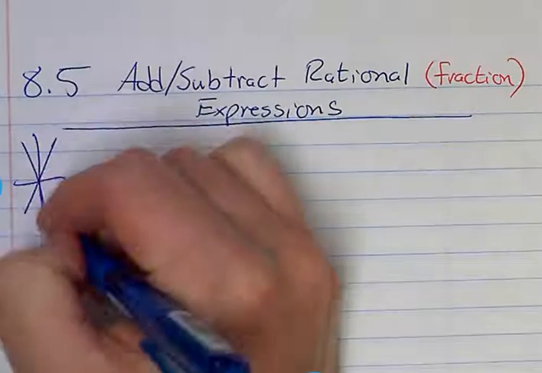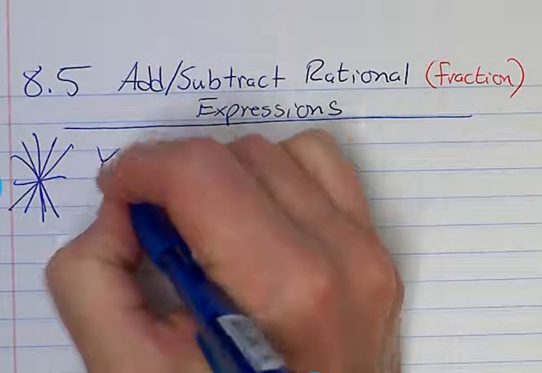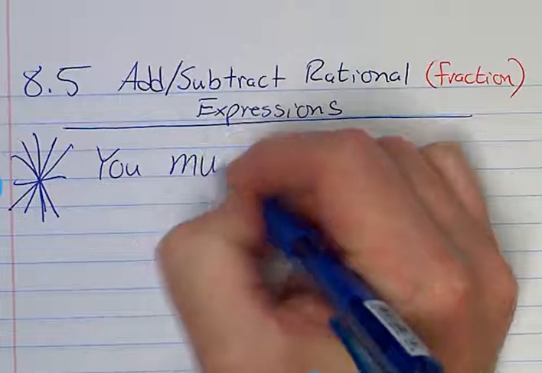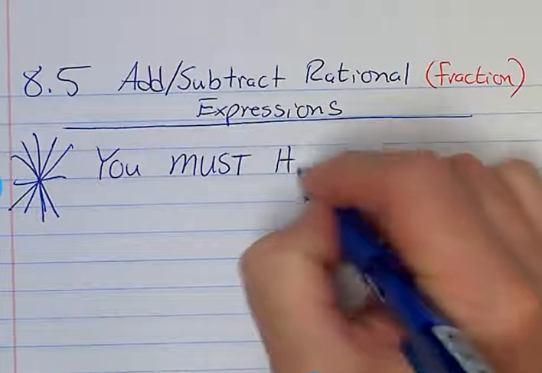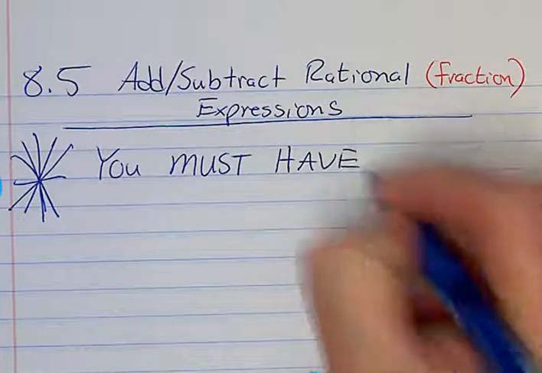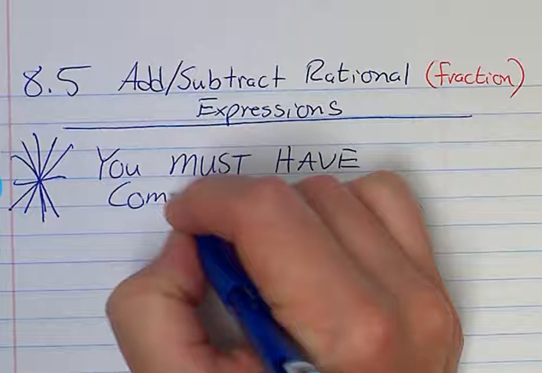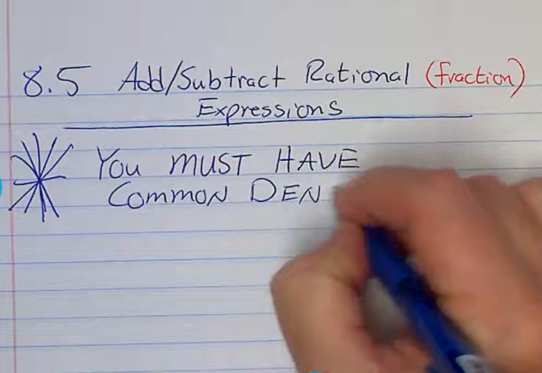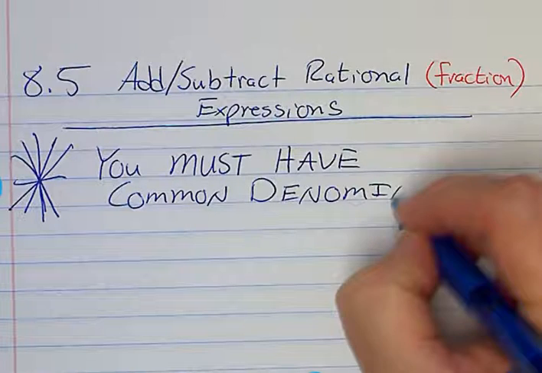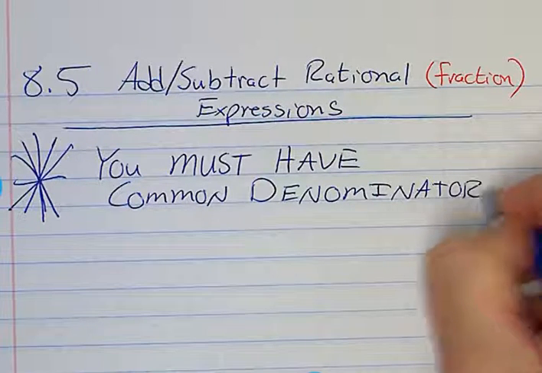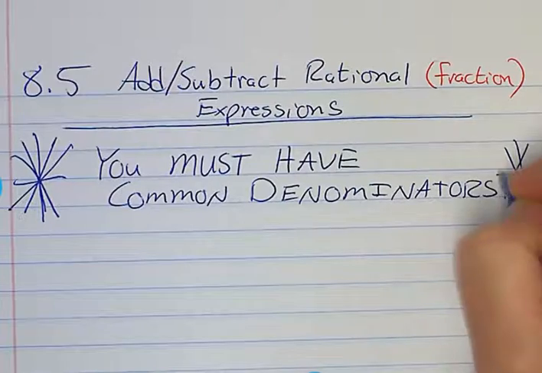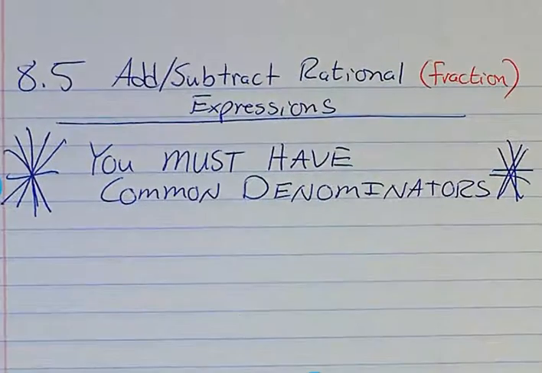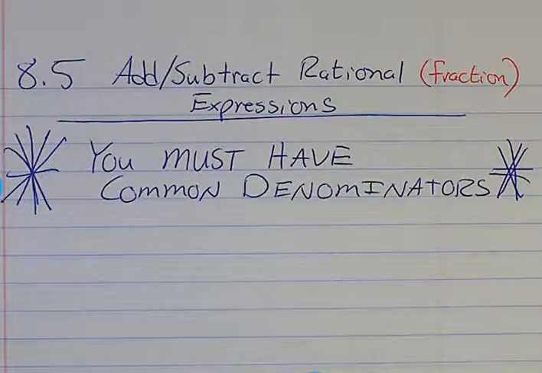That's your big thing of the day for this part. So that's the big thing for today. For all the stuff that we're doing, we're going to have common denominators.